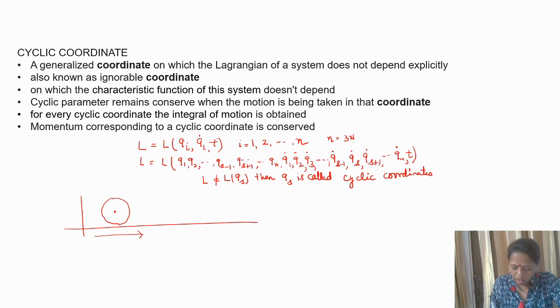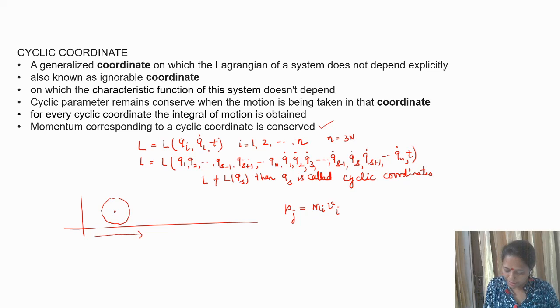Now, if Pj is the linear momentum, then momentum is mass into velocity. There is a result that if there is a cyclic coordinate, then momentum is conserved. I'll show you the proof of this statement, how the momentum is conserved.